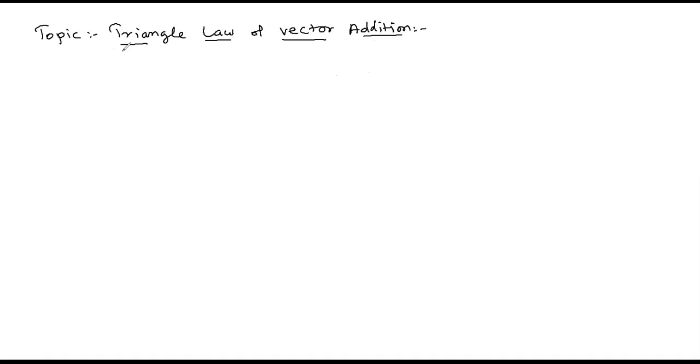What is the triangle law of vector addition? Suppose you are having the two vectors, A and B. Suppose vector A is here and another vector B is here.